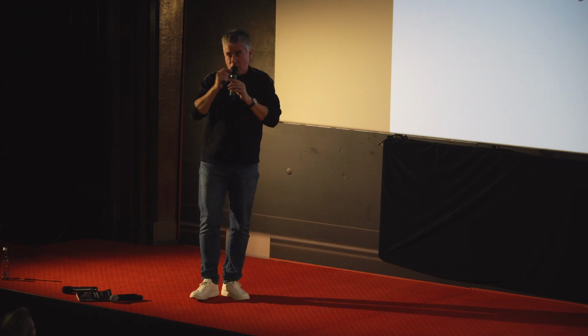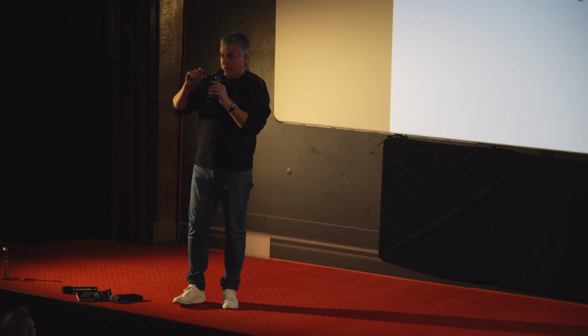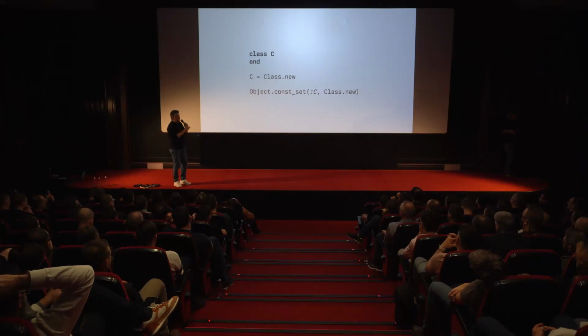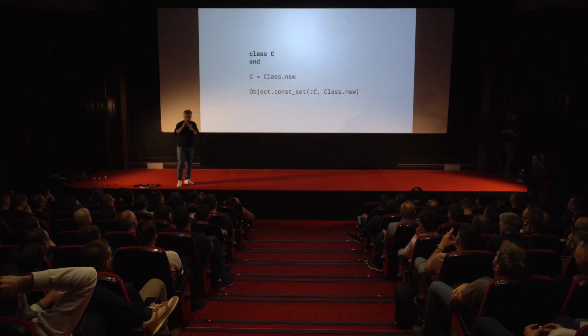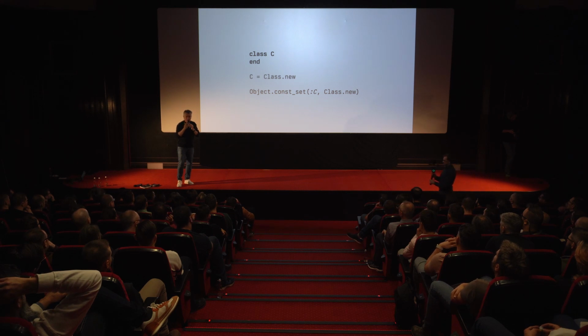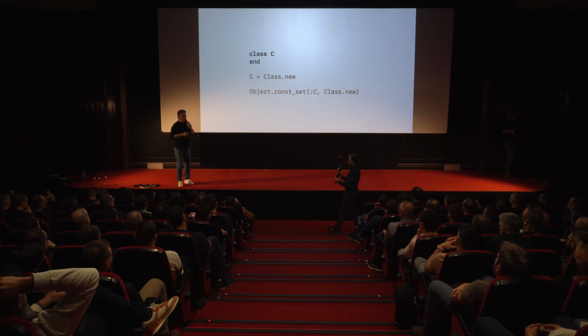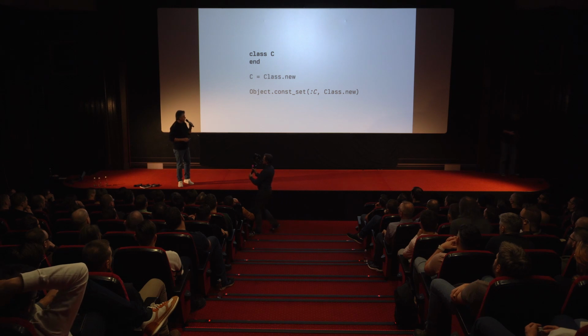All right? So in the third chunk, we say object, please store the constant whose name is C, and assign to that constant the class object that we are creating in the second argument, right? This is the same thing. Why object? Again, because top-level constants belong to object. So we see here it really belongs to that class in this case.